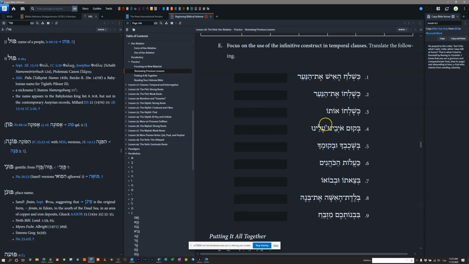Veshachavcha, so when you lie down, and when kumacha, when you arise. So it could be when you lie down and when you arise, or in your lying down and in your rising, something like that. Ka'alot, so this is to go up. When to go up, hakohanim, when the priests go up.